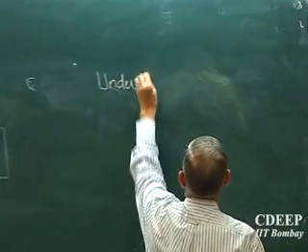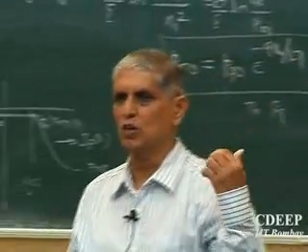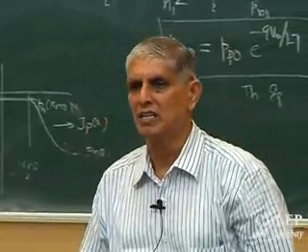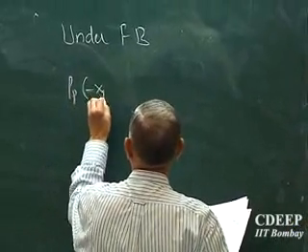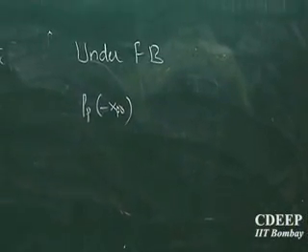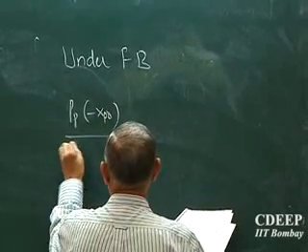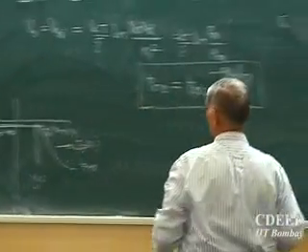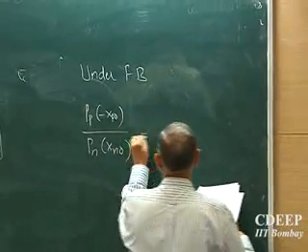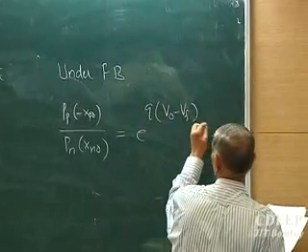Under forward bias, what is the built-in voltage now? What is the barrier potential now? Earlier it was V0 in thermal equilibrium. I apply Vf, so how much is the barrier now? V0 minus Vf. So by the same logic, I say p_s of p at x_p0 divided by p_s of n at x_n0 is equal to e to the power q(V0 minus Vf) by kT.